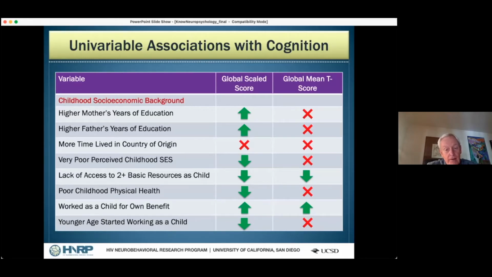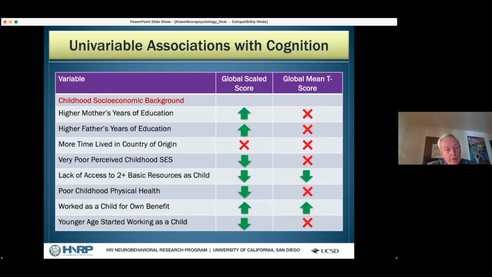And that was a factor for both raw scores and T-scores, and something that we should make note of in future work with really any population that may have had adverse childhood experiences in this way.